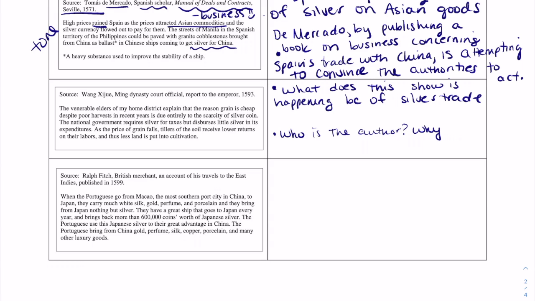Why are they writing this now? Or it could be in this way. So that's a basic overview. I hope that helps, and you have this always to go back and review when you need more help.